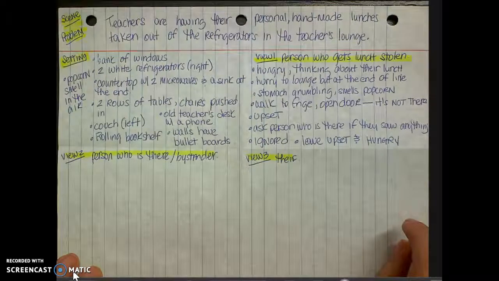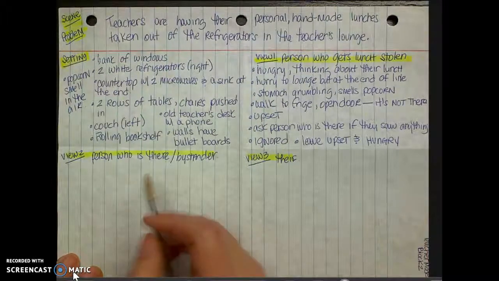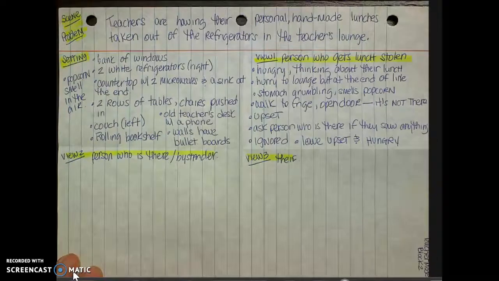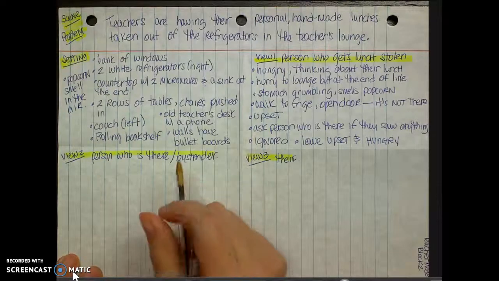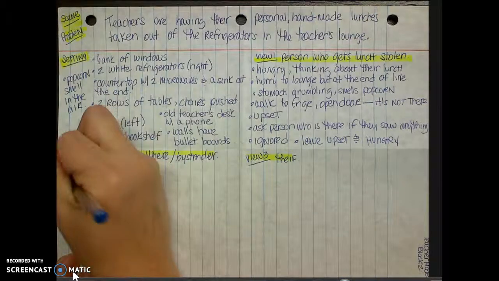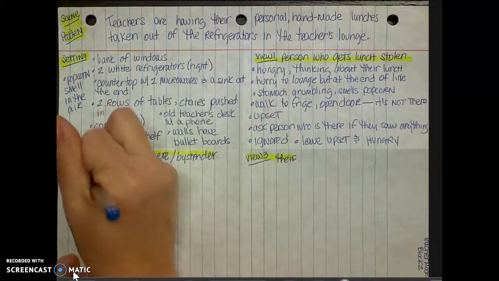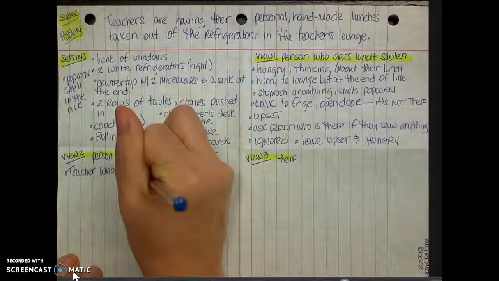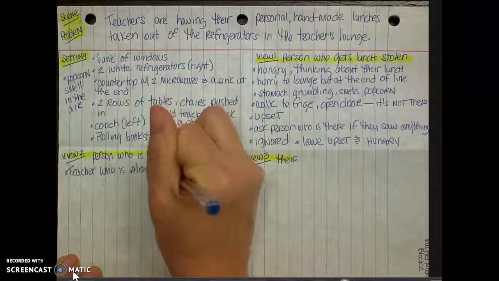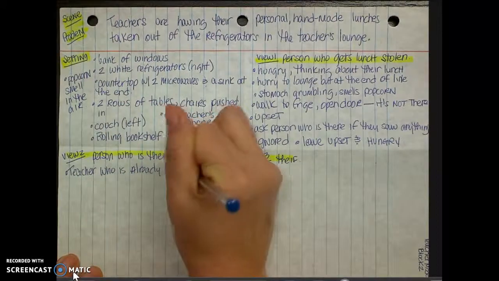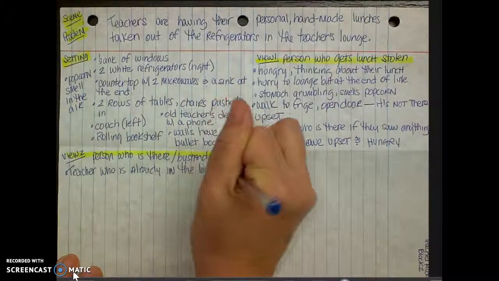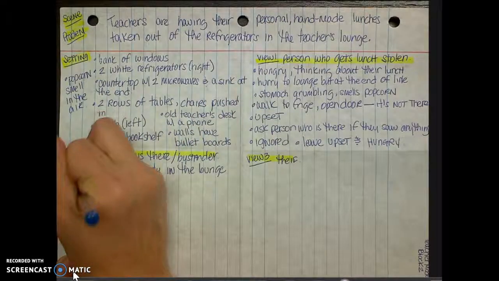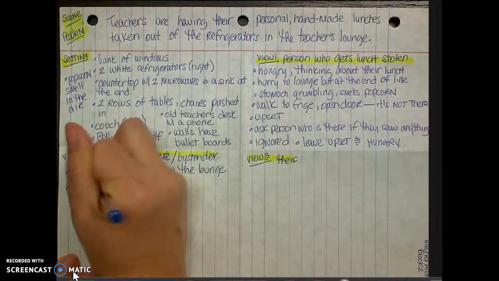Code pink. Okay. Now, the person who's the bystander. So this is a teacher who's already in the lounge. Their back is to the refrigerator.